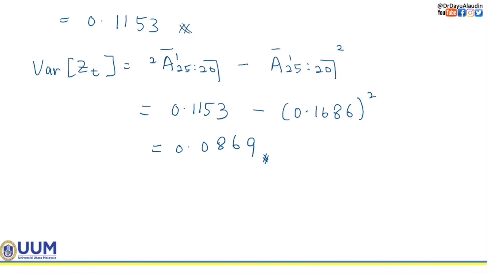Then we substitute in the variance equation. And this is the NSP squared. So we just take the previous answer, 0.1686 squared. So we get 0.0869.